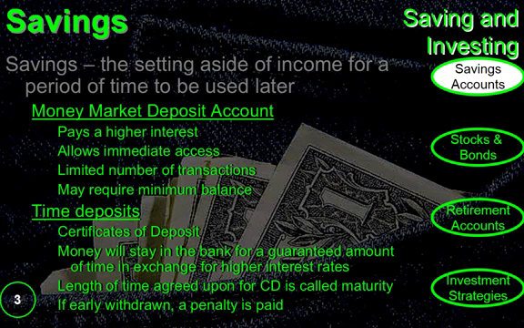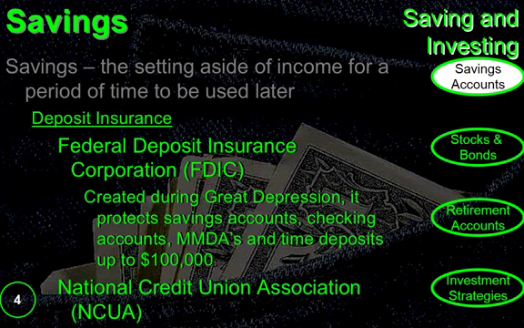So when you do savings accounts or money market deposit accounts, one of the things that makes these such a valuable idea is the idea of deposit insurance. Especially after the bank failures of the early 1900s, the United States government decided it was necessary for financial security in the nation to make sure that when banks failed, all the money that belonged to the average depositor didn't disappear with it.